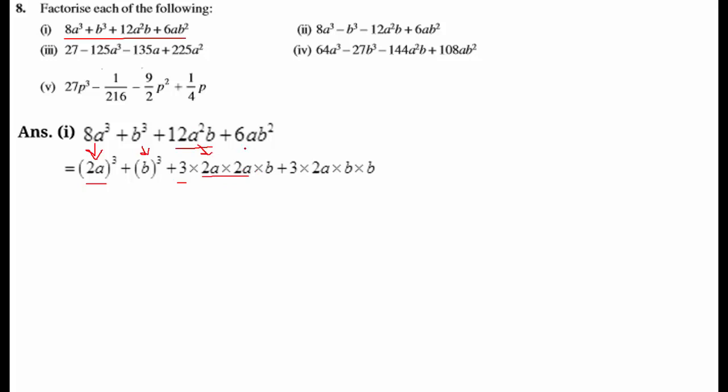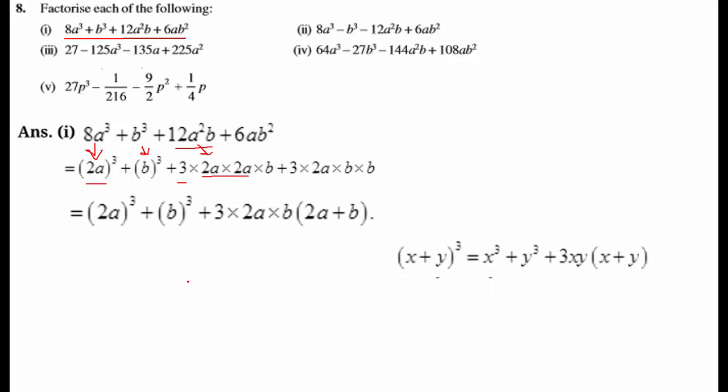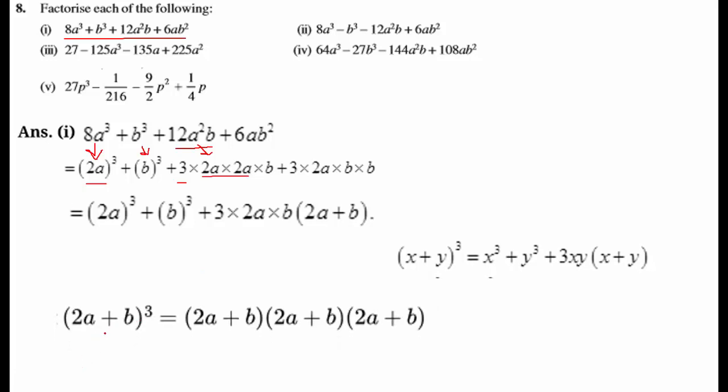Now 6ab² can be written as 3 into 2a into b², meaning 3ab². Now this is the identity of (a + b)³, and we can write this as (2a + b)³.